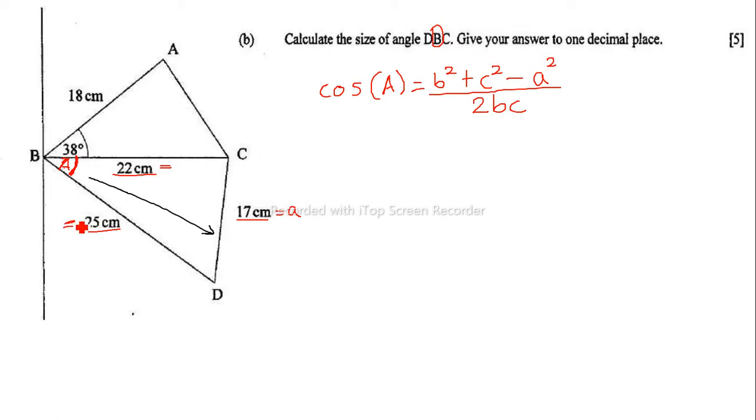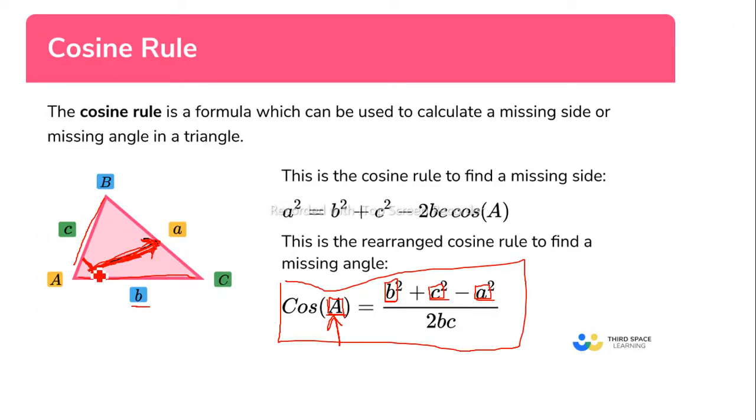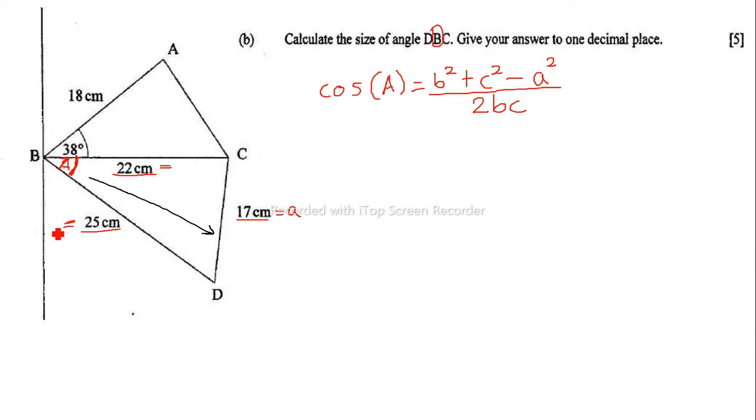It doesn't matter which one is B and which one is C, but A has to be 17 as a must, because that's the missing side. We're going to call this one B and this one C. Now we're ready to roll.